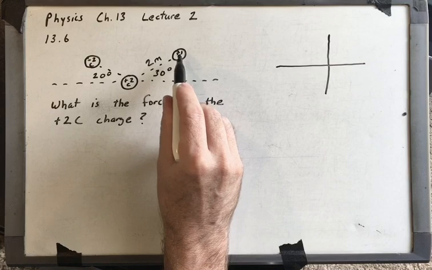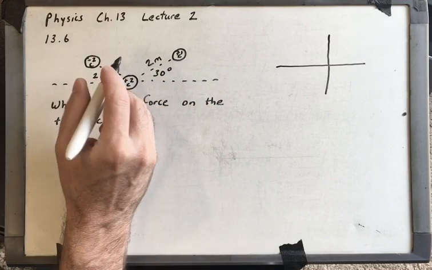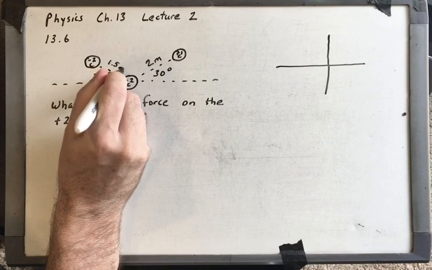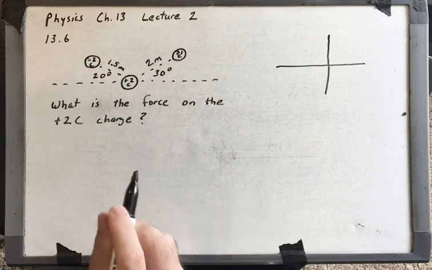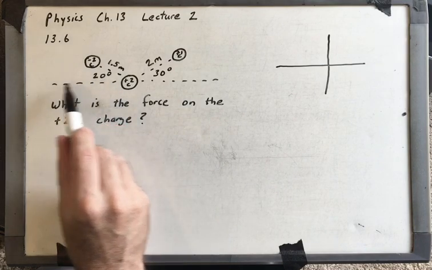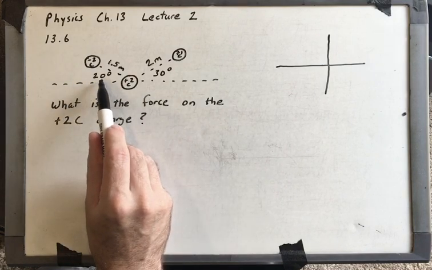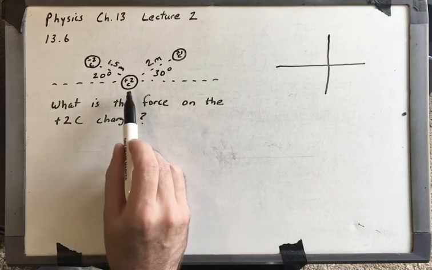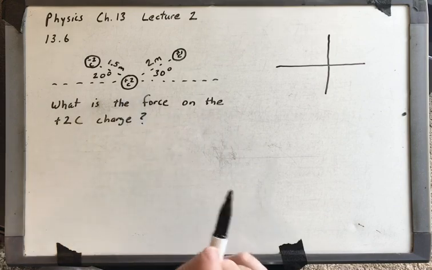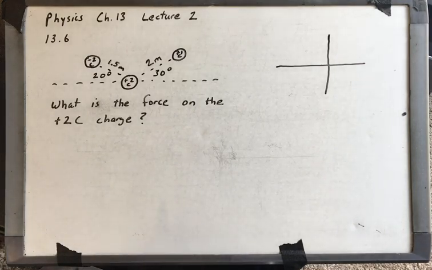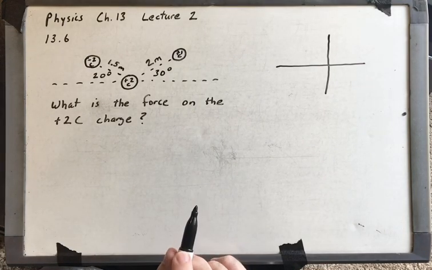That we have a plus 1 Coulomb charge, and then 1.5 meters away we have a minus 2 Coulomb charge, and its angle with the horizontal is 20 degrees. We're going to figure out the force on the plus 2 Coulomb charge. So why don't you go ahead and pause the video, draw that situation, and I'll explain how to work this problem.